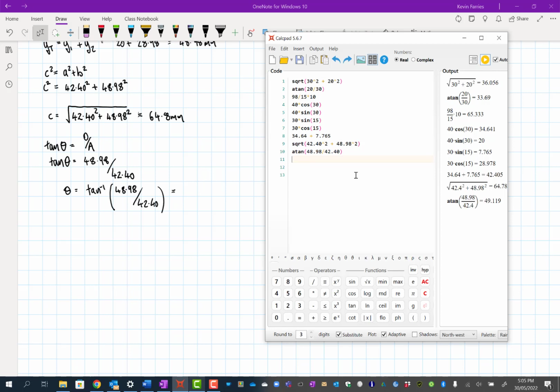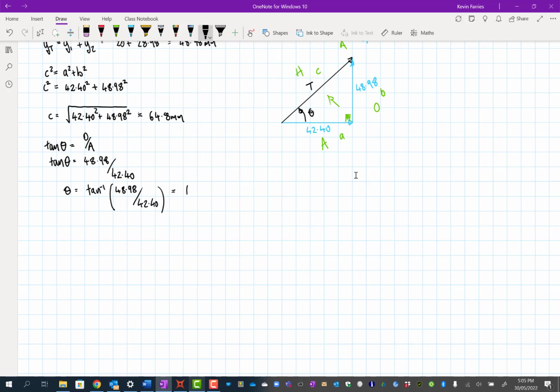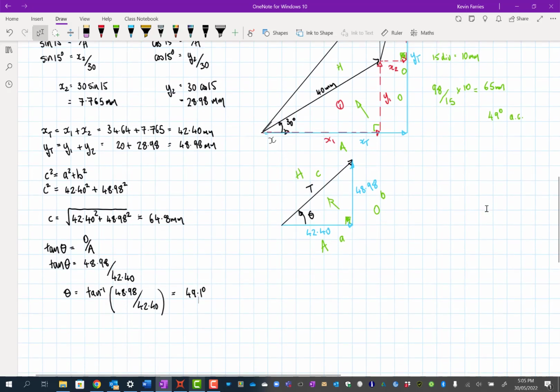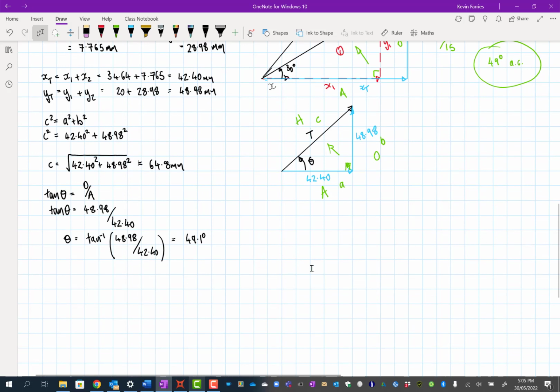It was 49.1 degrees. And we're done. Was that what we got before? Yes, it was. It's anti-clockwise, and we got 49 degrees just from the scale drawn. We've calculated it as 49.1 degrees.